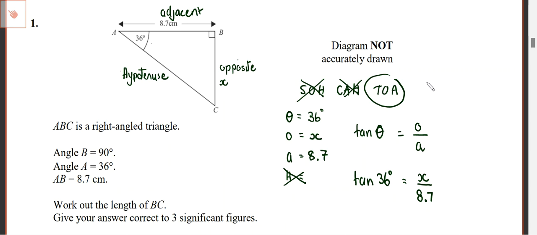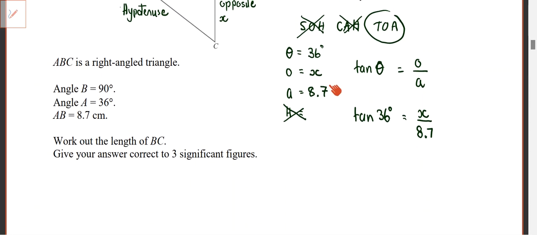Yeah, that's why this is a good way. Also, having written all that down only takes 30 seconds when you get in the habit, and it's a good way of checking, did I do the right thing? All right, now we need to sort out this. First off, tan of 36. Do you know what that number is?